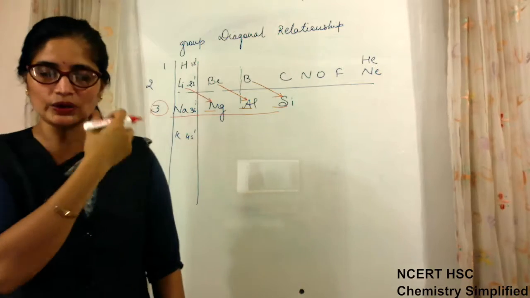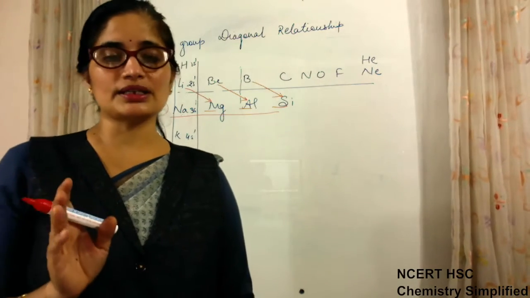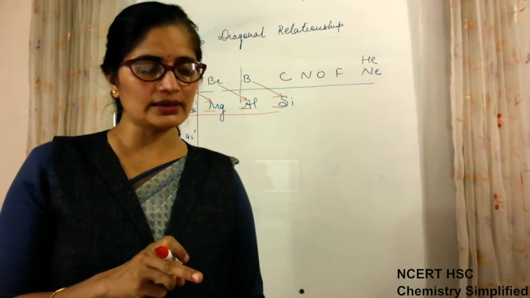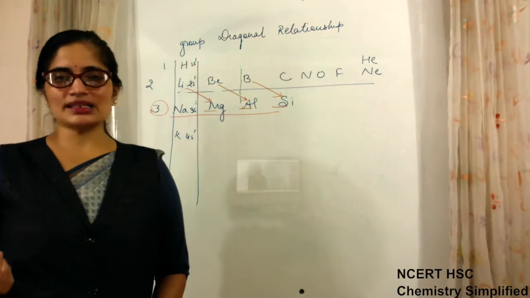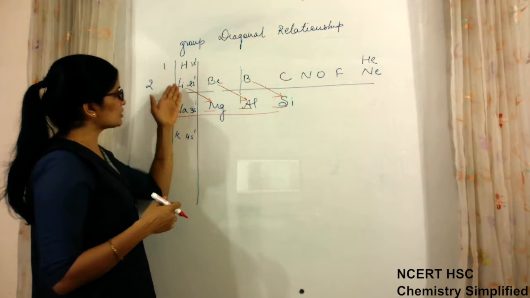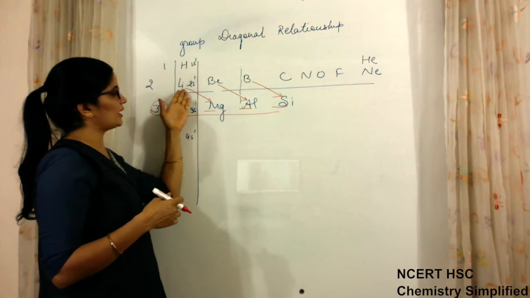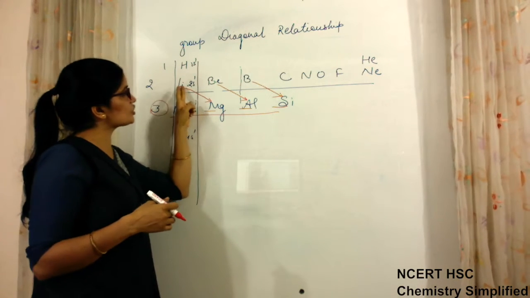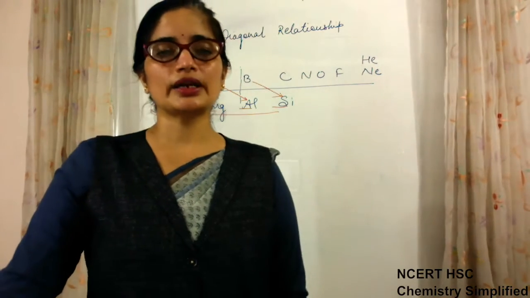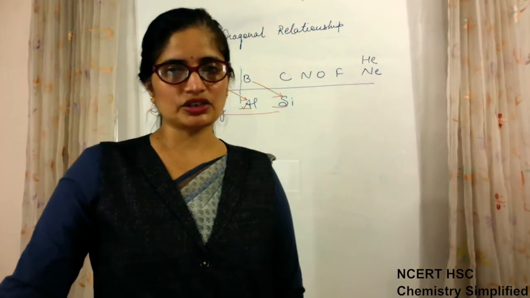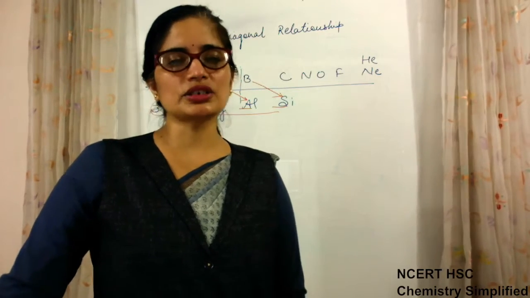I told you that atomic properties depend on two factors. One is the number of valence electrons, second is atomic size. Valence electrons are the same for sodium and lithium, but atomic size is almost equal for lithium and magnesium. Because of this, it shows diagonal relationship. So what is diagonal relationship?